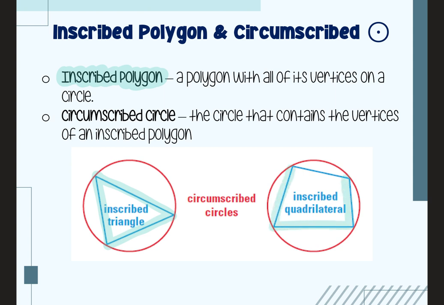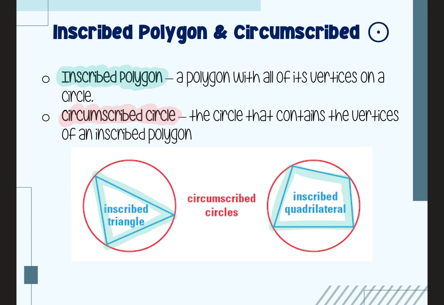So these are both inscribed. The triangle is inscribed in the circle, and the quadrilateral is inscribed in the circle. And then the term we use to describe the circle is it's circumscribed. If it's on the outside, it's circumscribed. And we say it's circumscribed about the polygon.